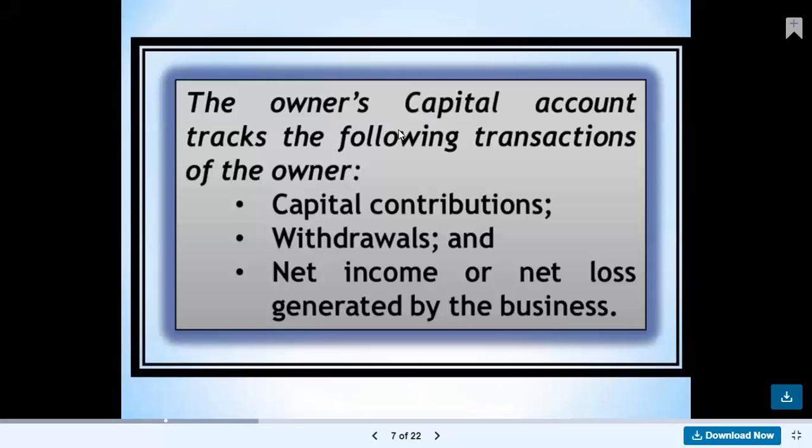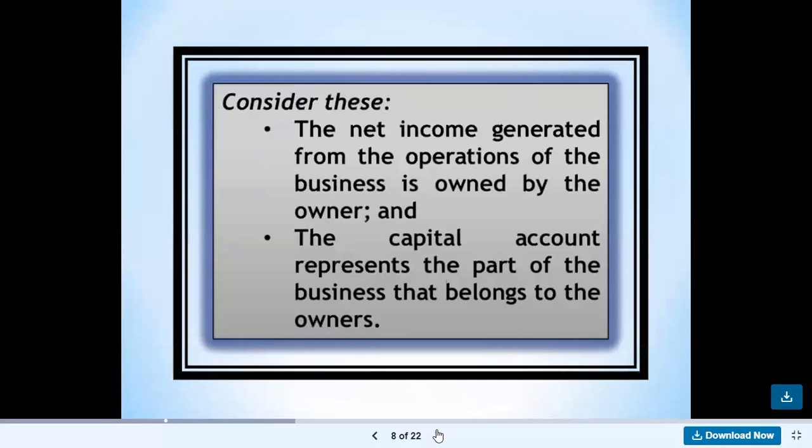Okay, so the owner's capital account tracks the following transactions of the owner. We have the capital contributions, we have the withdrawals, and we have the net income or net loss generated by the business. So consider this: the net income generated from the operations of the business is owned by the owner. The capital account represents the part of the business that belongs to the owners.